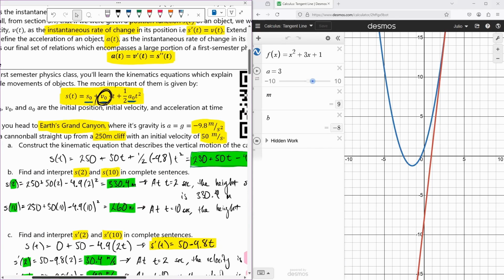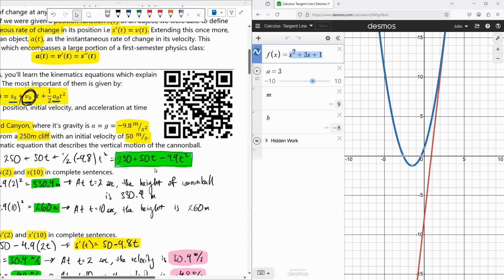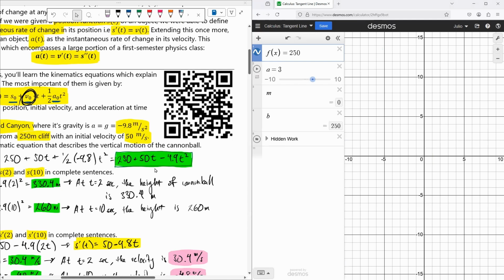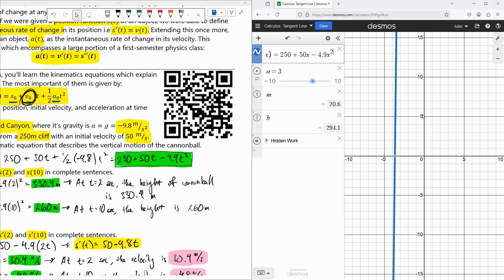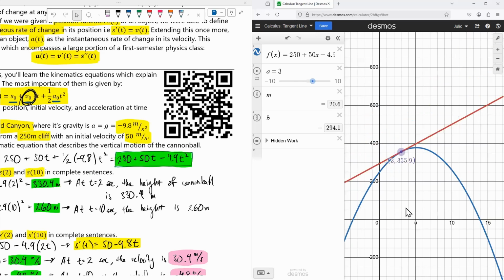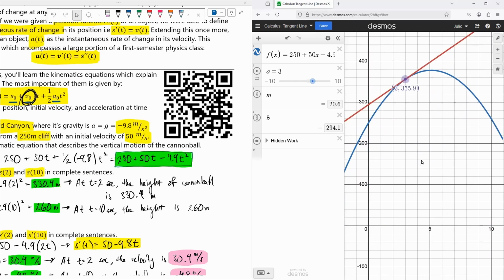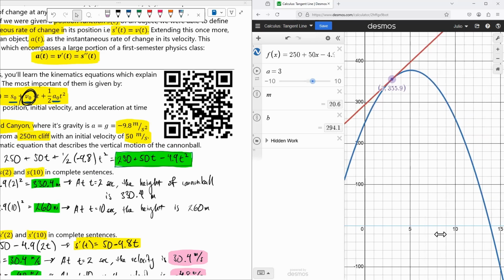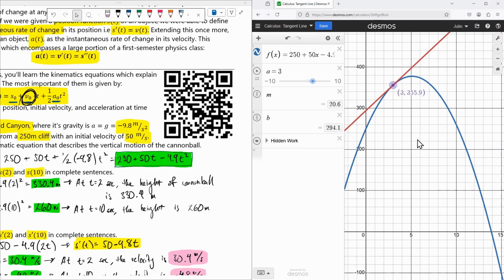All right. So the first thing that we did for A is we constructed the kinematic equation, right? So we know what it is. I'm going to type in that function that's right there in the green. Okay, so 250 plus 50x minus 4.9x squared. There we go. Now I'm going to rearrange this thing a little bit.